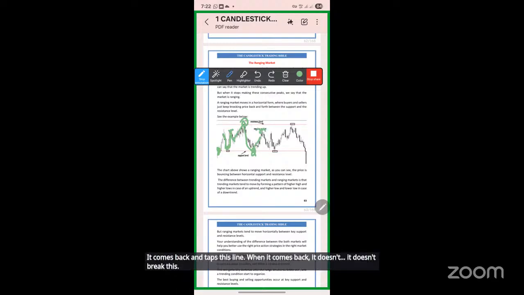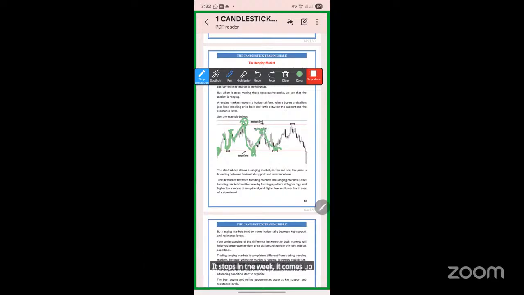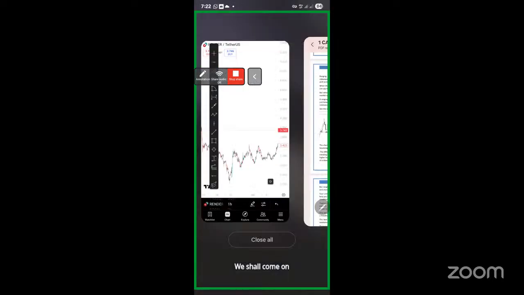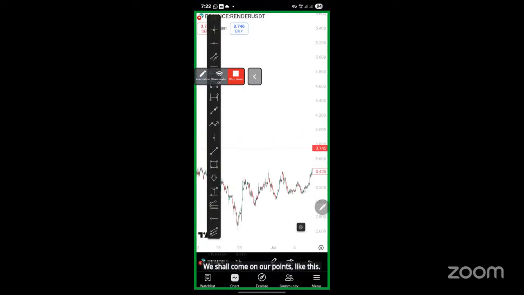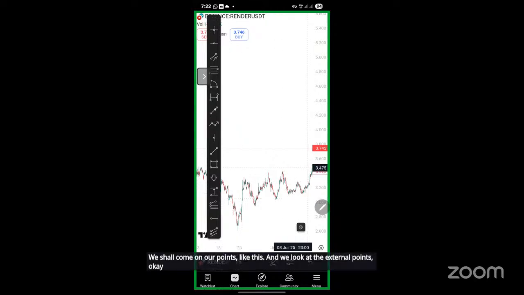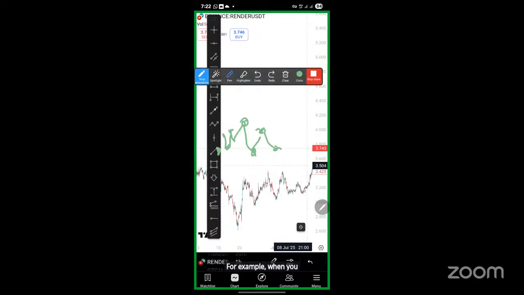It stops on the way, it comes up to this point here. So once this happens, if we want to draw a trend line, we look at the external points. We shall look at this point, and this point. And at the end of it all, we shall draw a trend line.